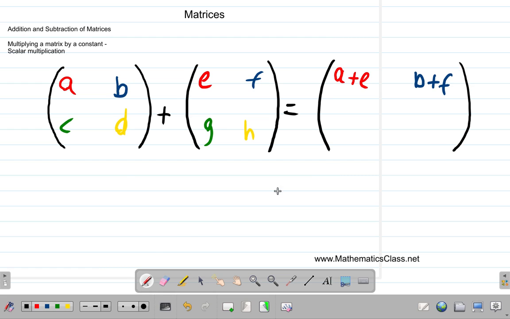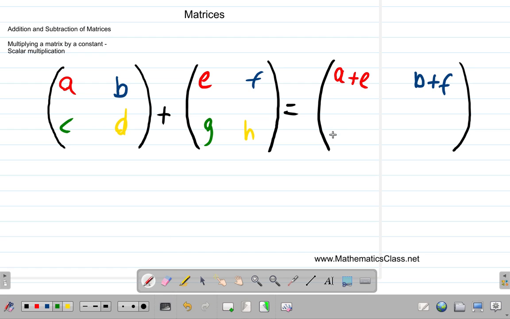You notice that. Now, the next elements we will add will be element in row 2, column 1, plus element in row 2, column 1.